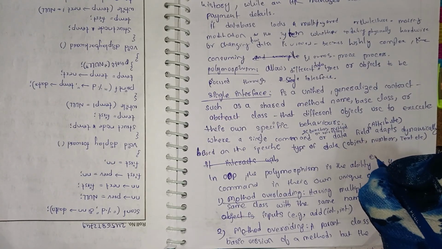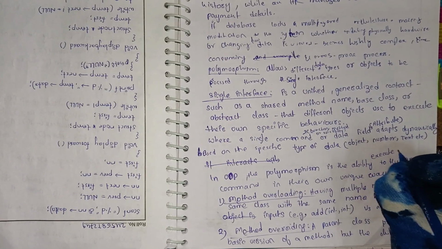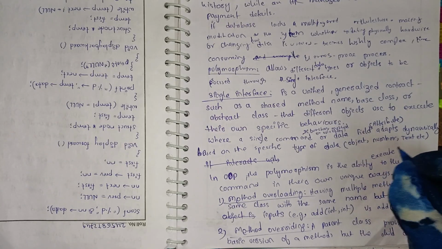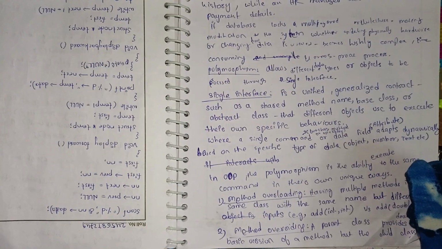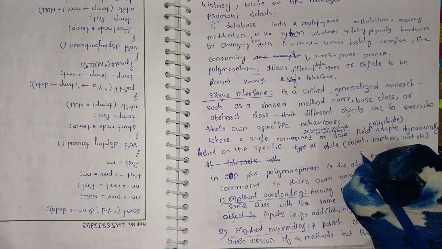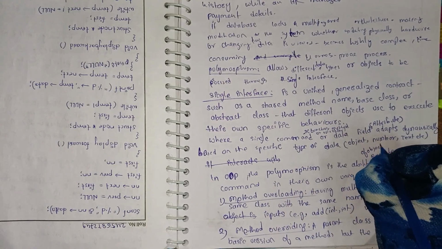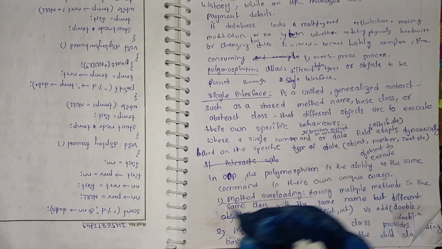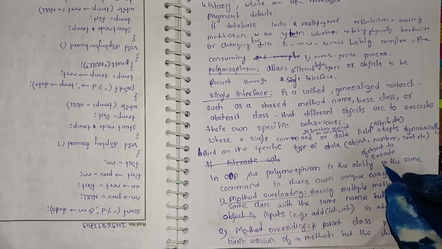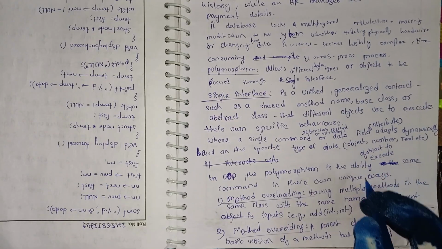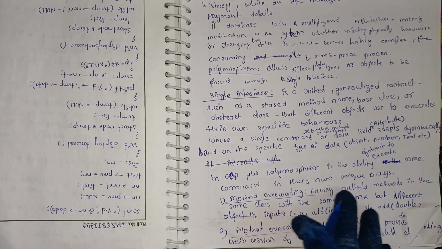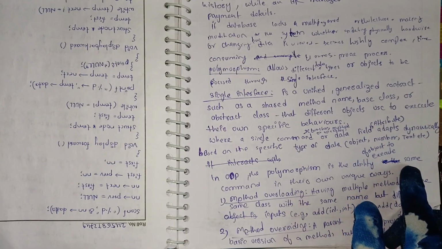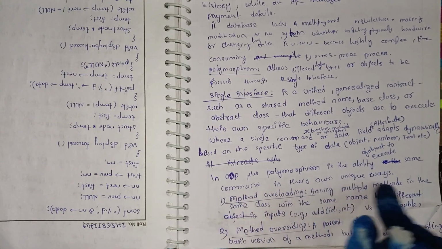The ability of an object to execute the same command in its own way. This is the definition: the ability of the object to execute the same command in its own unique ways.